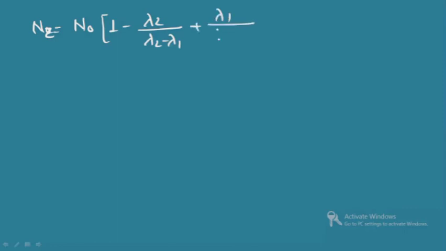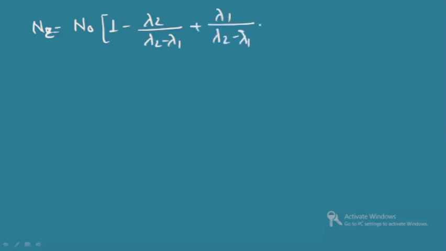All right. So what we got in the last slide, let's write it here again. Sorry, nz is equals to n naught, right? Within the bracket you are having 1 minus lambda 2 divided by what? Lambda 2 minus lambda 1. Again you are having what? Plus lambda 1 divided by what?